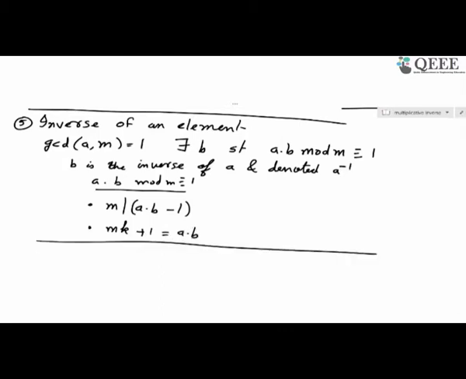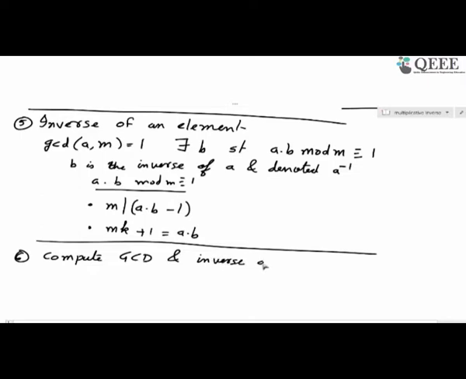Okay. Now another thing which we actually looked at yesterday was how to compute the GCD and the inverse. The inverse is actually known as the multiplicative inverse of the element.